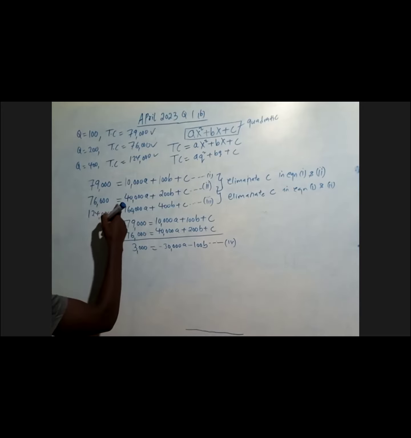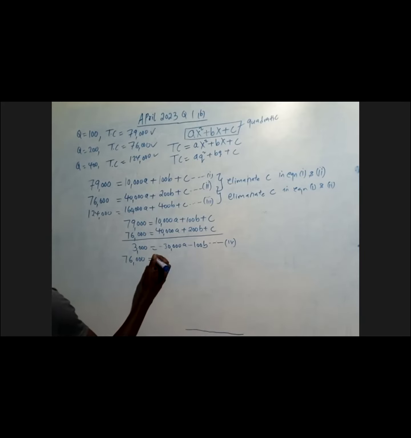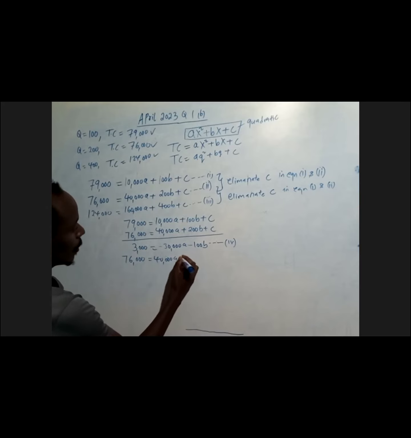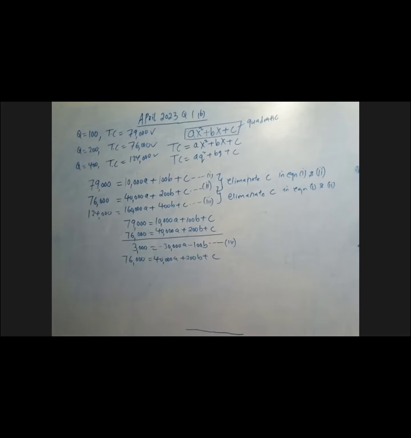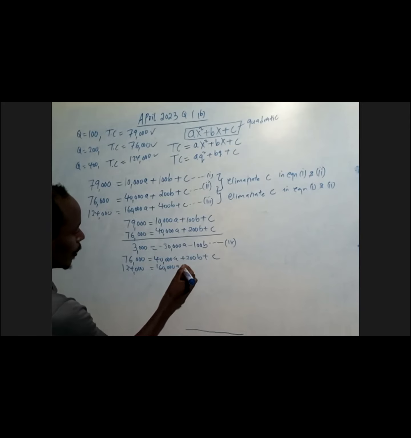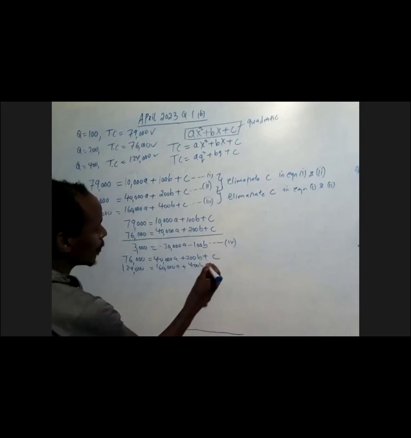We have equation 2 as 76,000 equals 40,000 A plus 200 B plus C. Then you have equation 4, 124,000 equals 160,000 A plus 400 B plus C.